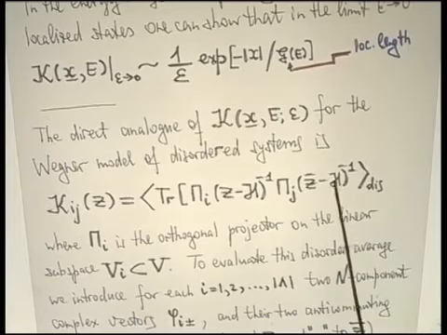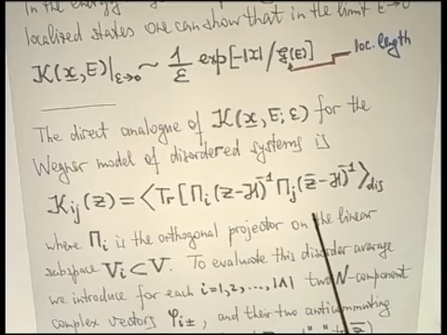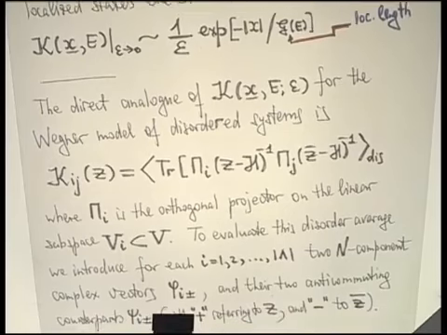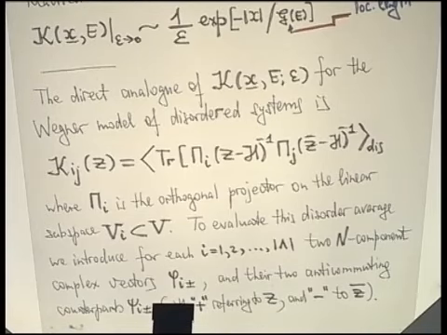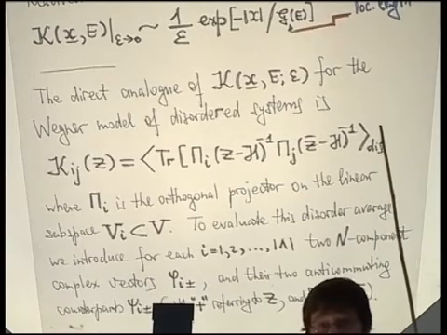Okay, so now what is the object which we should consider, or which is convenient to consider in our system on the lattice?